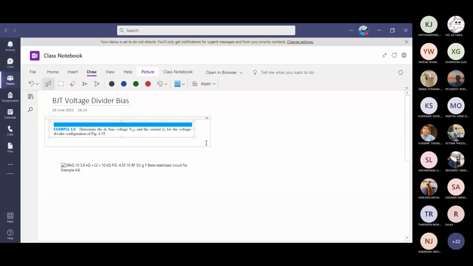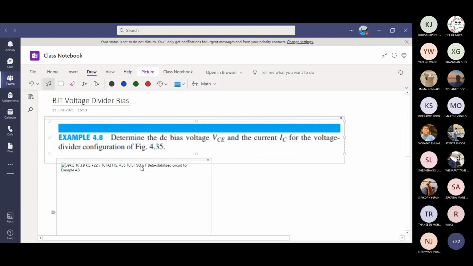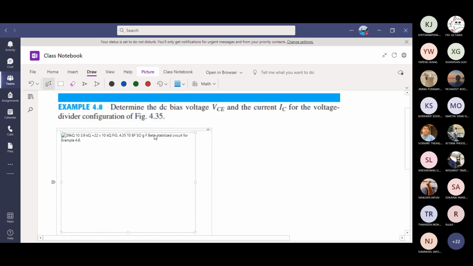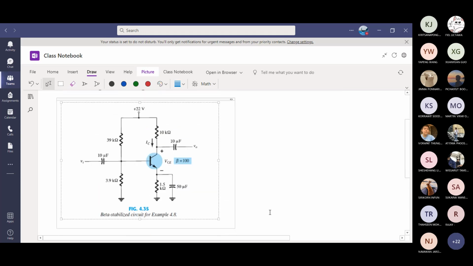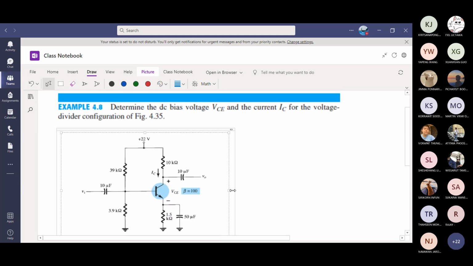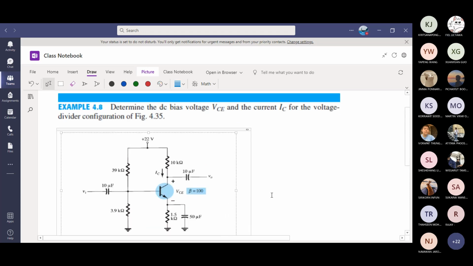I don't see any picture. Oh, the picture is loading now. Okay, no problem. Let it load. Can you see the picture now? Yes, sir, we can see it.